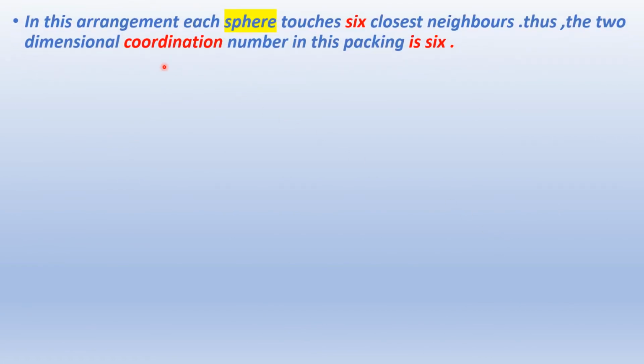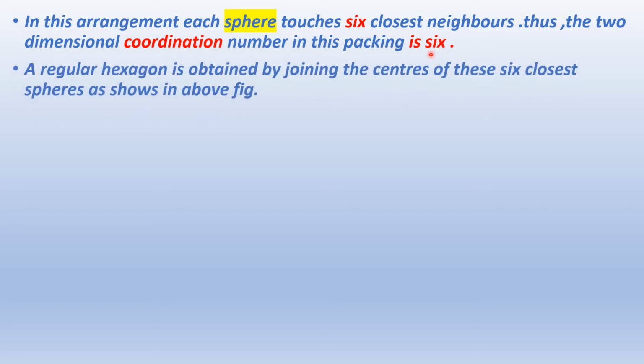Next part continues, you have to discuss here. In hexagonal close packing, in this arrangement, each sphere touches 6 closest neighbors. Thus, the two-dimensional coordination number in this packing is 6. We simply observe in the above diagrams that a coordination number of 6 is present.